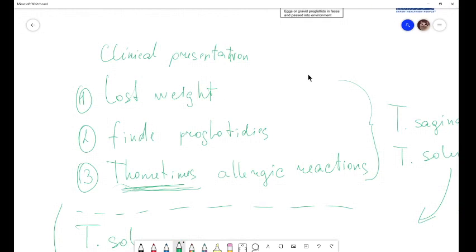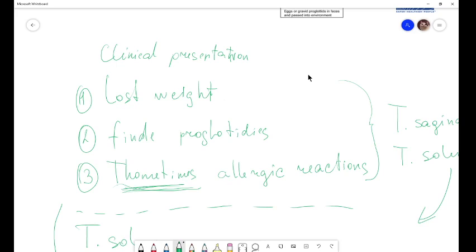First of all, it is weight loss of the patient, because these tapeworms have no digestive system, but they can take all our food from us.